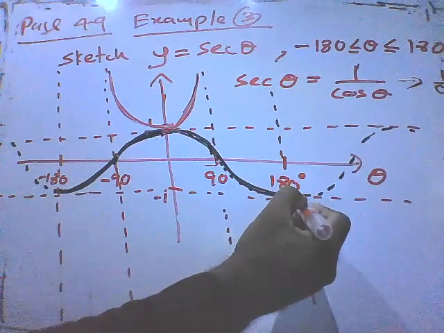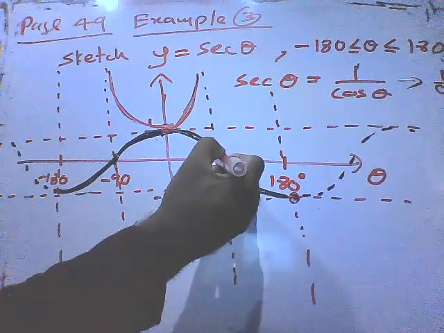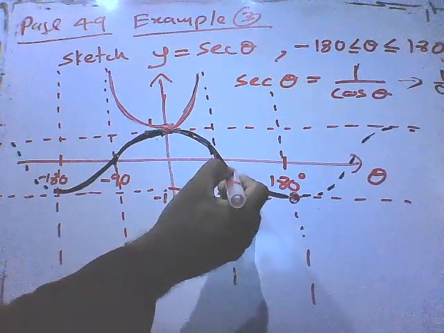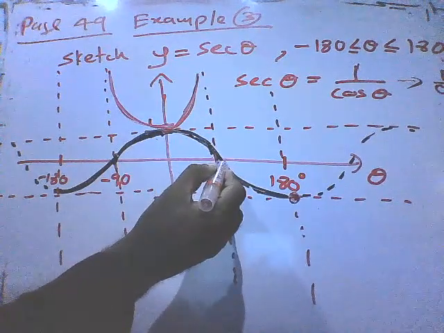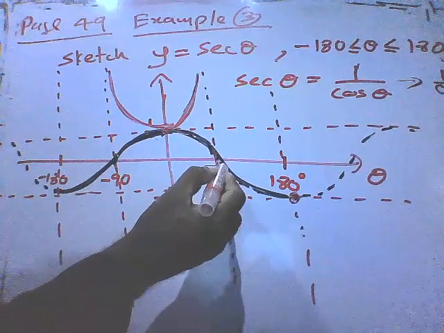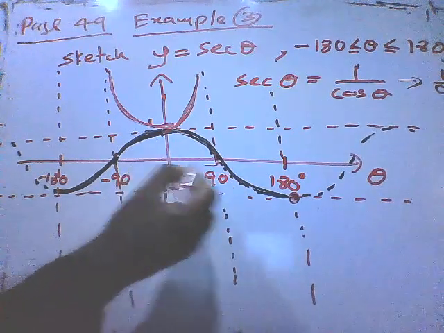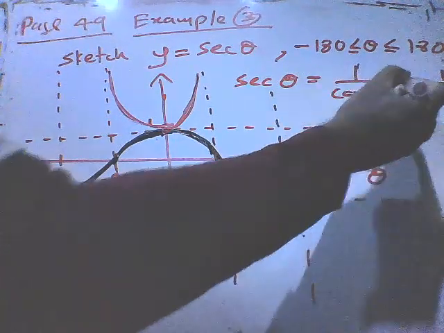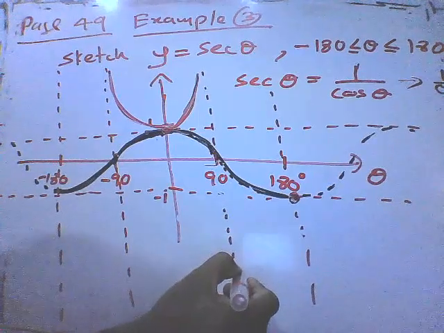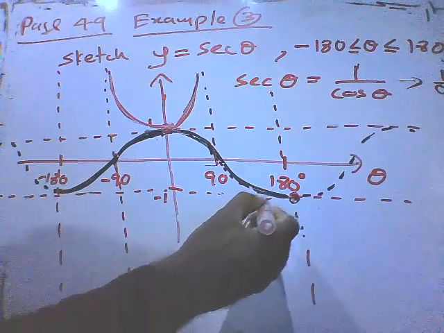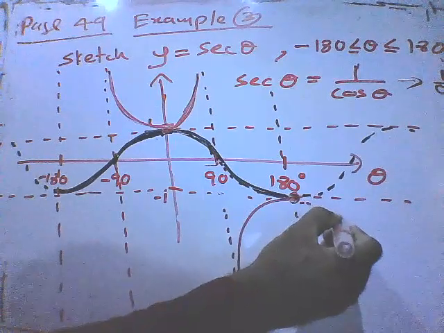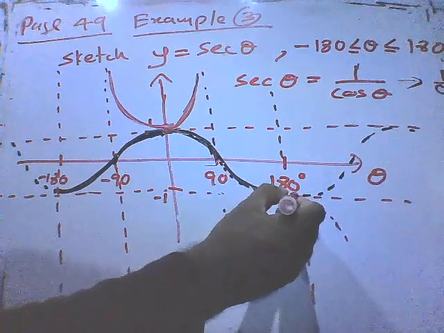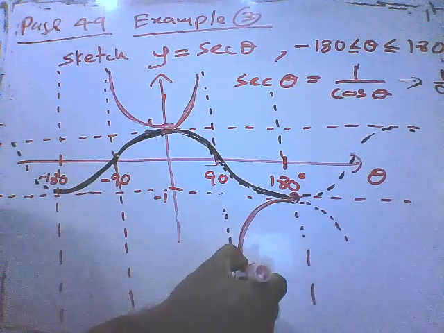And also when he is reaching, cos theta is a negative value. Now if you take 90 plus some small thing, cos theta is a very small negative value, so 1 over very small is a huge negative value, that is sec theta. So he comes like this, and actually he should continue this way. I will not draw it.